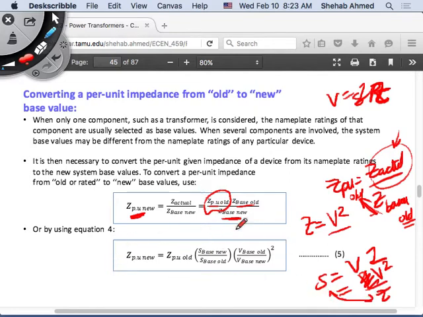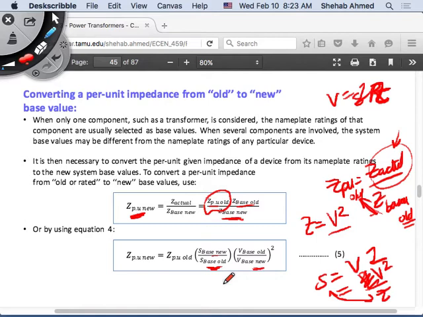I'm just rewriting this Z base old in terms of base values, V squared over S. So it's V base old squared over S base old, and Z base new is V base new squared over S base new. As we said, we will typically be given the equipment's rated values for each piece of equipment.